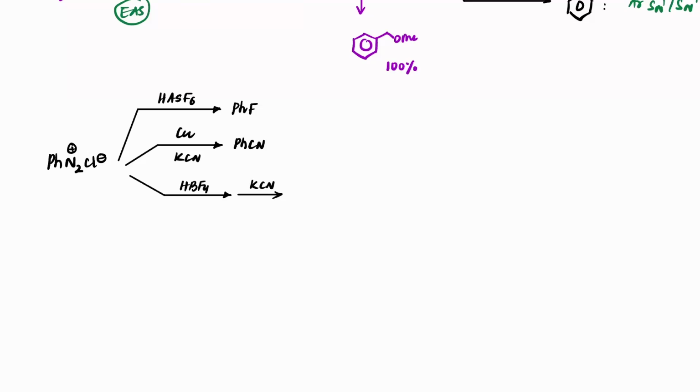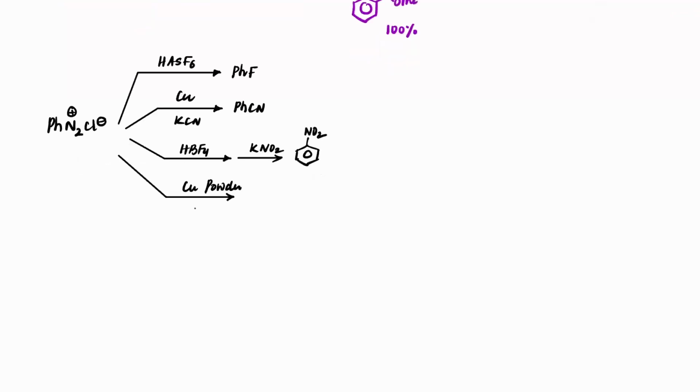If we react with this one, I will get nitro, NO2, and this is the product form. And next, if we treat with copper powder in the presence of ethanol, we'll get a coupling of these two, and I'll get biphenyl.